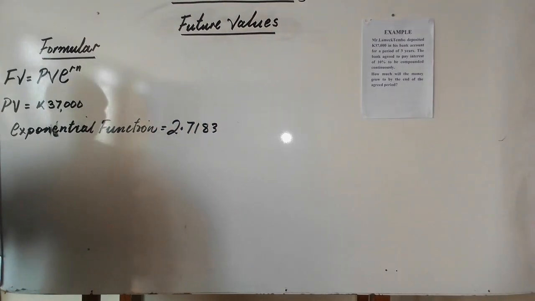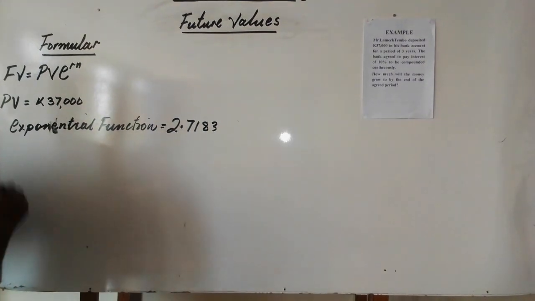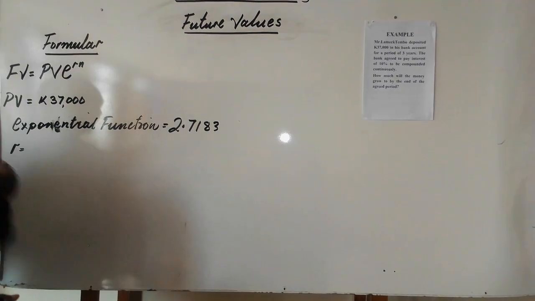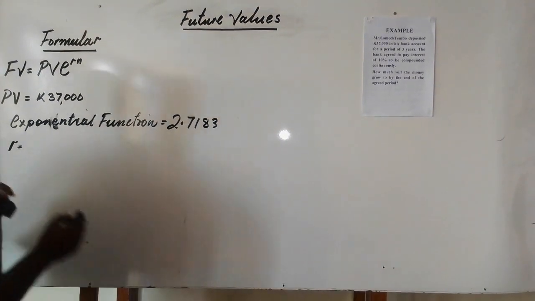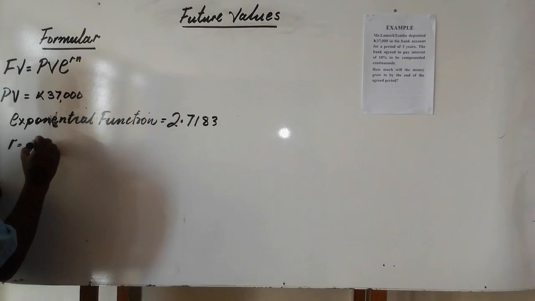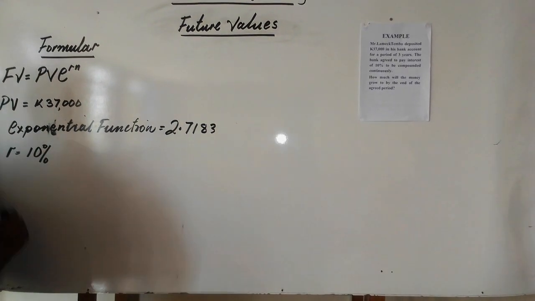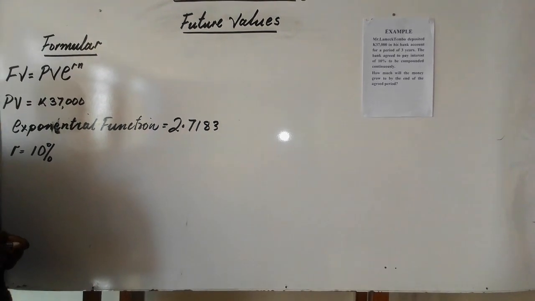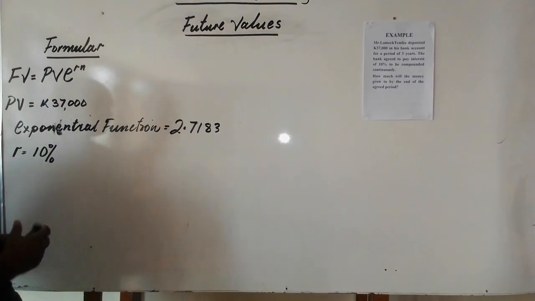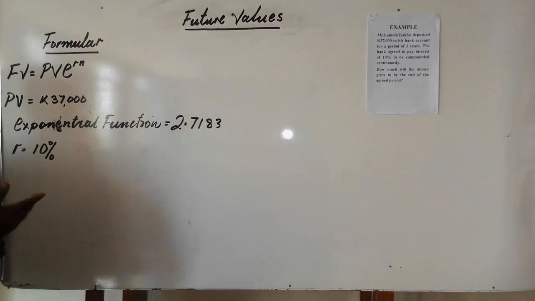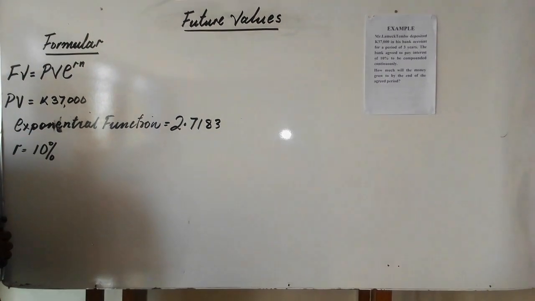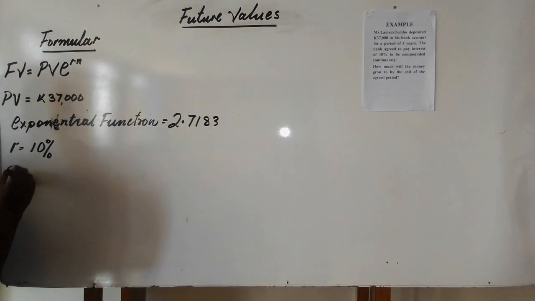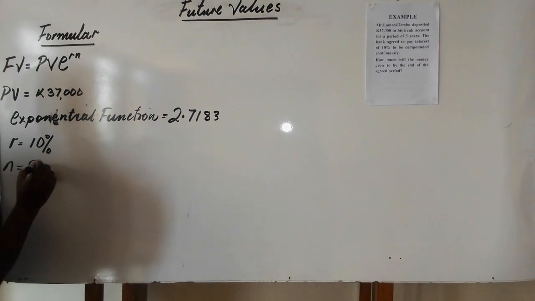Then the r is the rate. In our question, the r is 10%. Then the n simply means the number of years. It's the period when this investment will mature. So in the question, the n is 3 years.